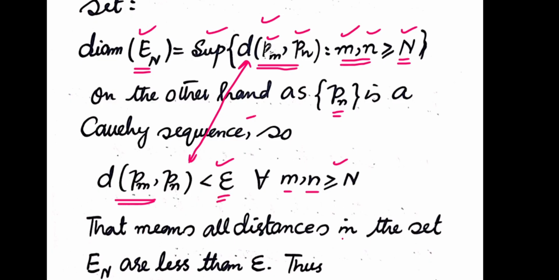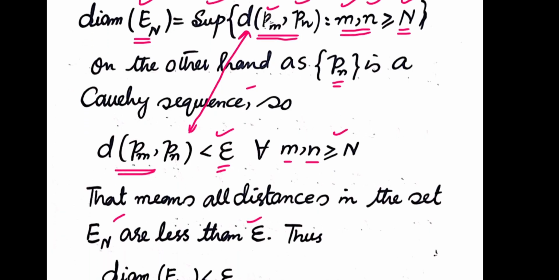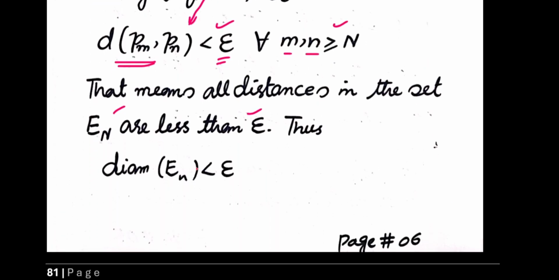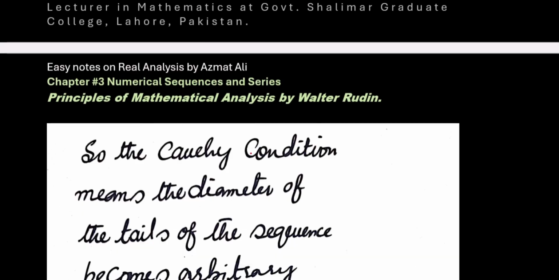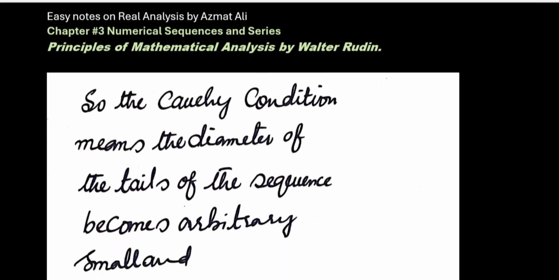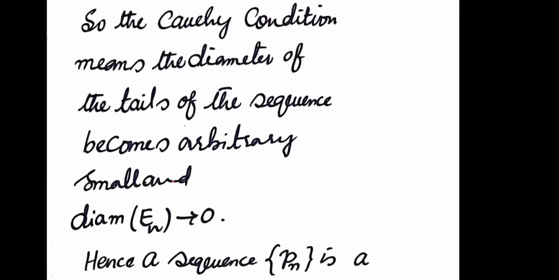That means all distances in this set E_N are less than epsilon. Thus, the diameter of E_N is less than epsilon. So the Cauchy condition means the diameter of the tail of the sequence becomes arbitrarily small and the diameter approaches 0.